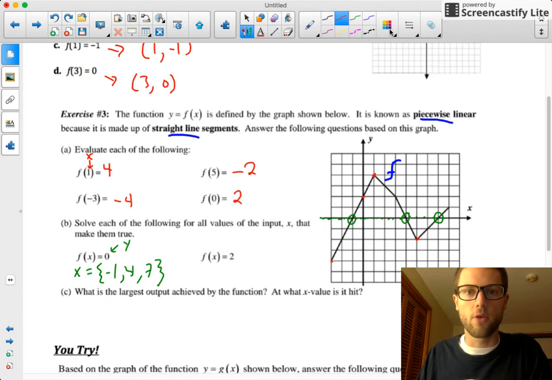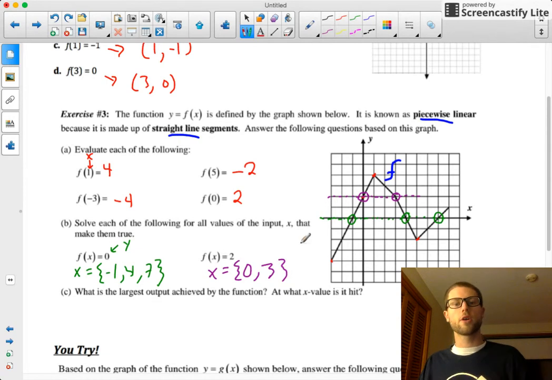If I'm looking for an output of 2, I'm looking for when my y values equal 2, and I see 1 here, and I see 1 here. So the x values that produce an output of 2: x can equal 0, and x can equal 1, 2, 3.